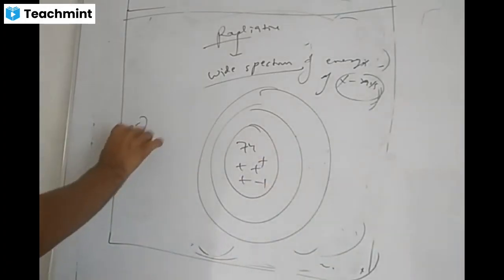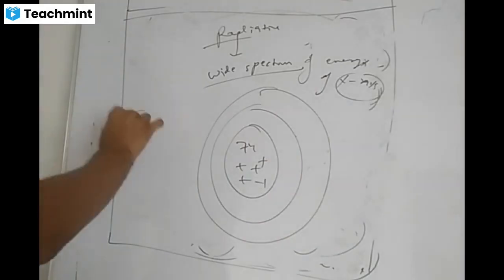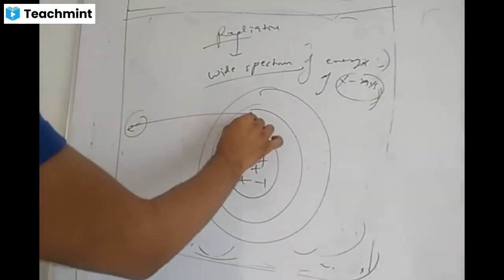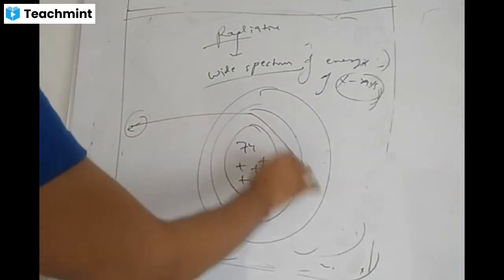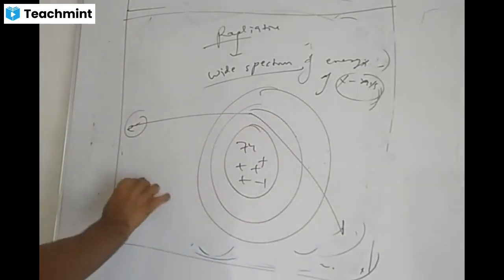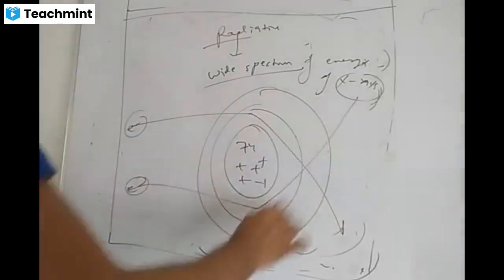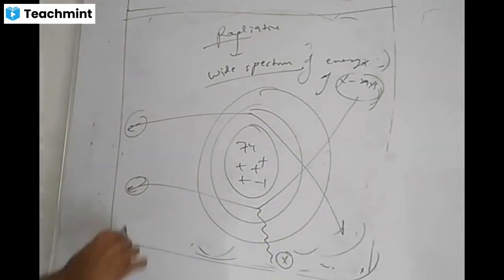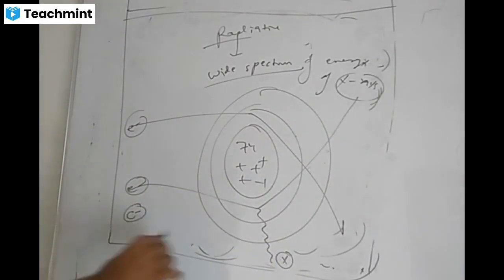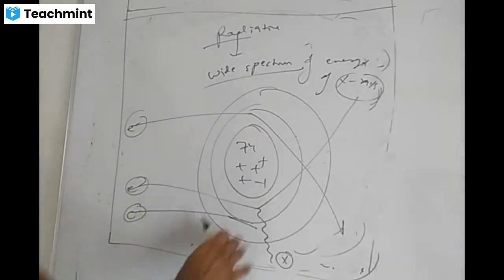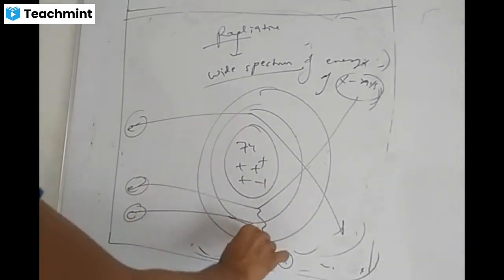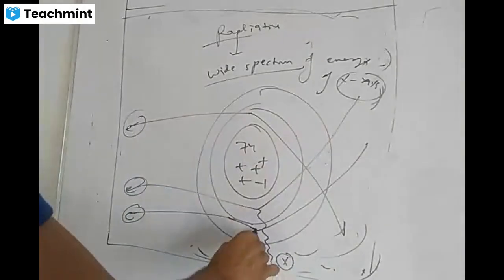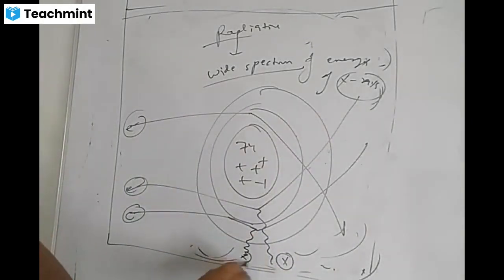This is your electron. Suppose the electron moves like this. It will bend towards this. This electron is coming. It will bend and loses X-ray energy. One electron is coming little away from the nucleus. It will bend less and it will lose less energy.